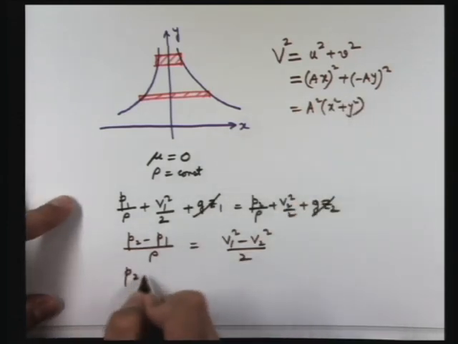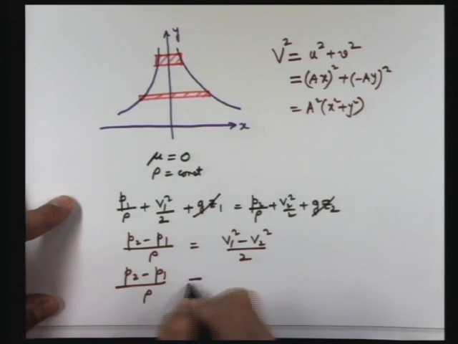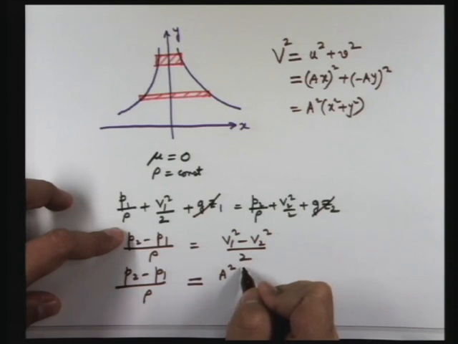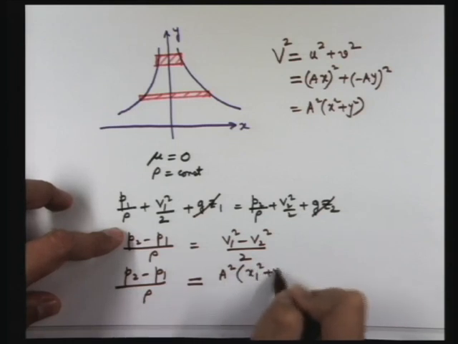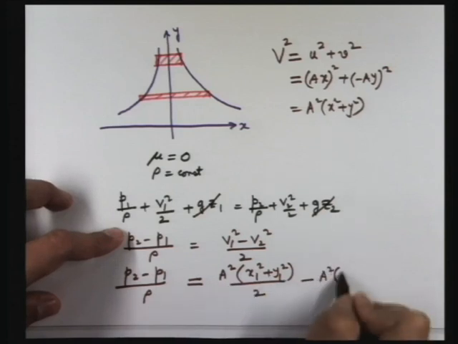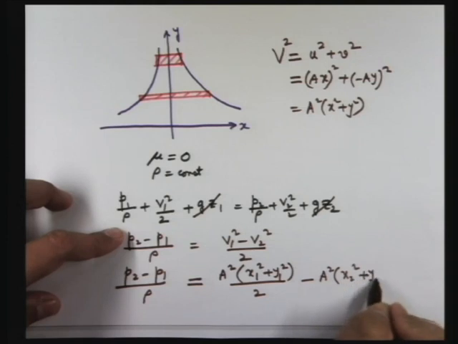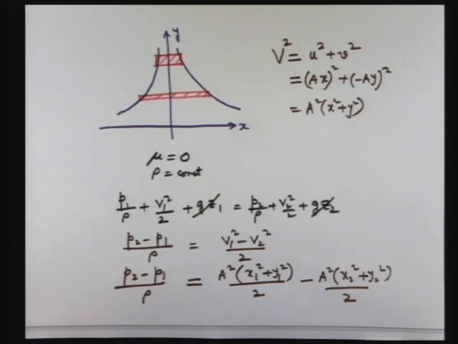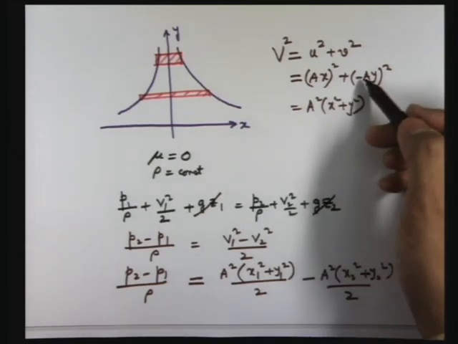So (P2 minus P1) by rho is equal to a square into (x1 square plus y1 square) by 2 minus a square into (x2 square plus y2 square) by 2. Which one, minus or plus? I think it's all right. Yes? Minus the square, it becomes plus.